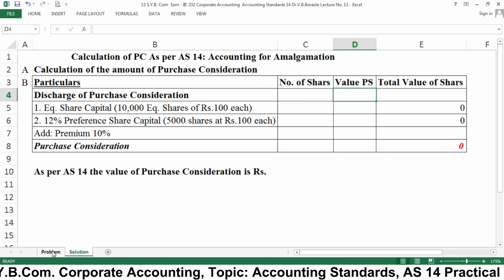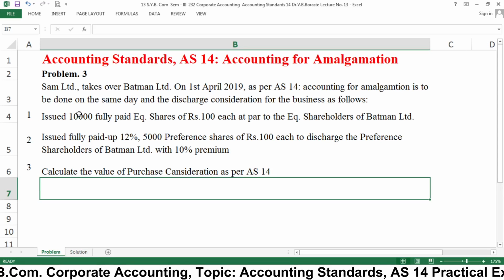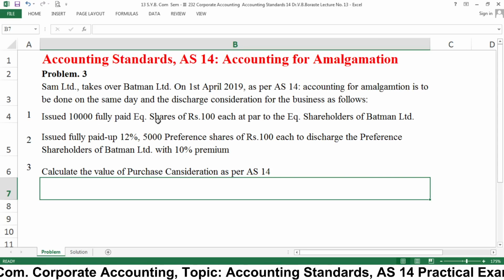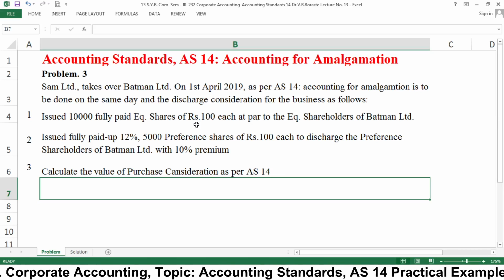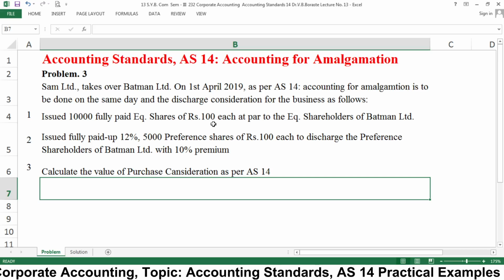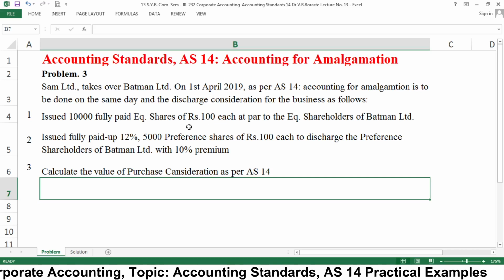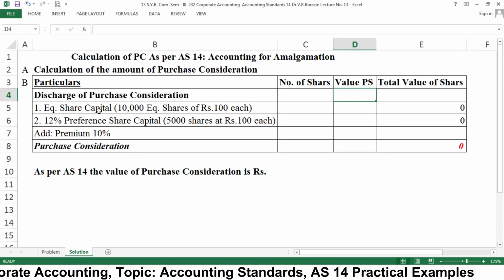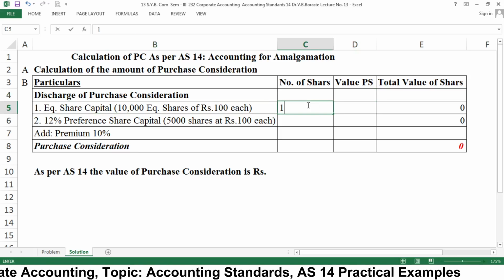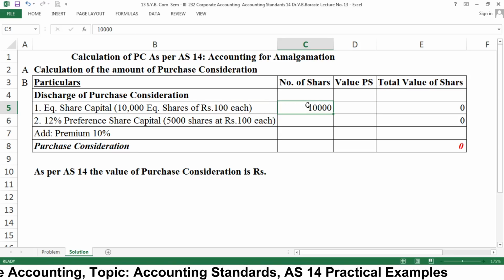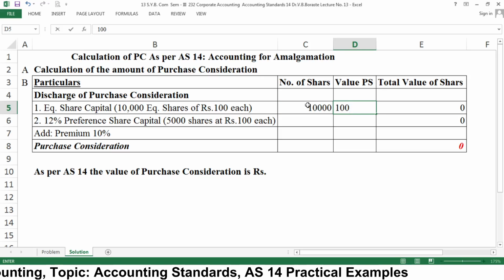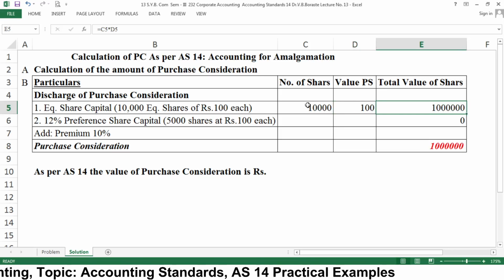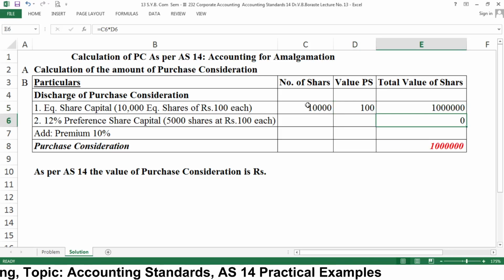First of all, you have to see the problem where it is clearly mentioned that 10,000 fully paid equity shares of rupees 100 each at par. At par means the value which is mentioned on the face of the share, that is face value, that is 100. So 10,000 equity shares are there. So number of shares will be 10,000 and the value of per share will be 100. In this way, you can calculate the value of shares for equity shareholders. So that is 10 lakh.